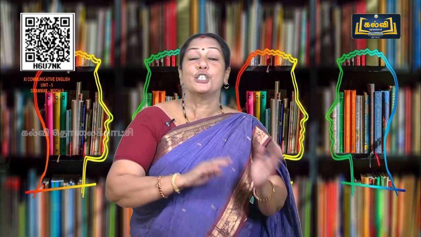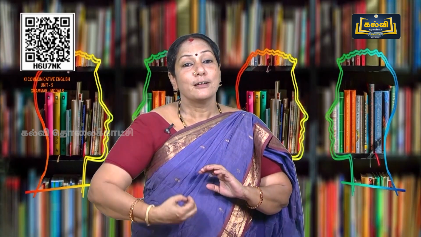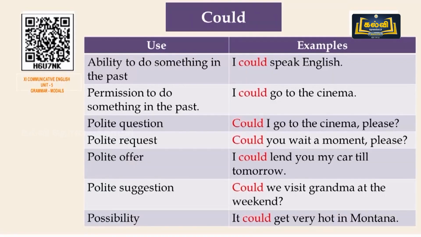To your parents or relatives or friends, you don't use such a term. Whereas someone who is new to you, someone who is elder to you, you use could to make a polite suggestion. Possibility.